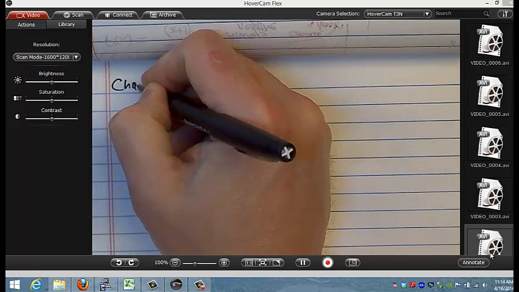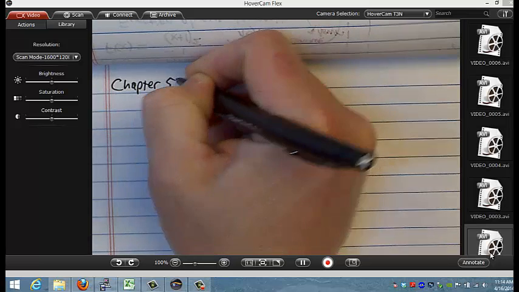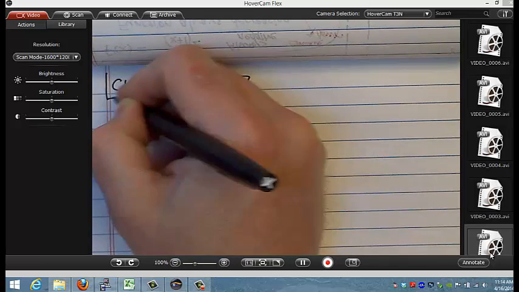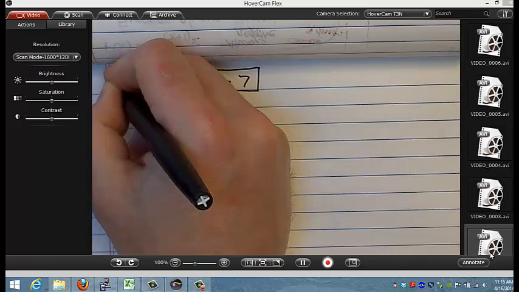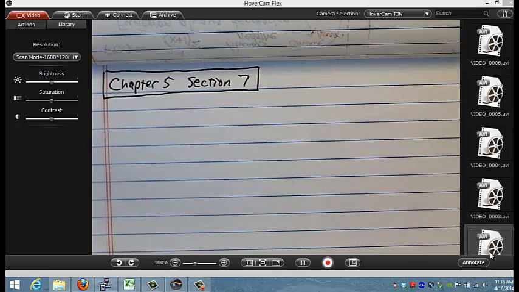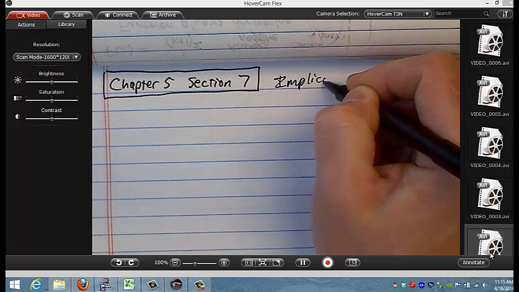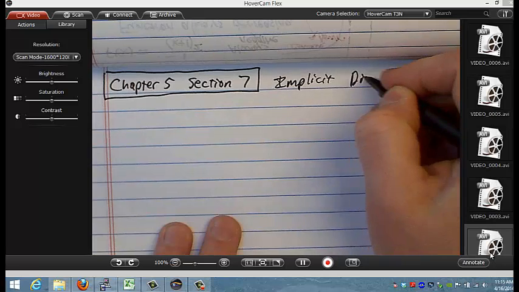So, this is Chapter 5, and it's Section 7. And there's 2 topics for today. Okay? And these will be tested on the final exam. They will not be tested on our exam next Wednesday. Okay? So, we're going to cover what's called implicit differentiation.